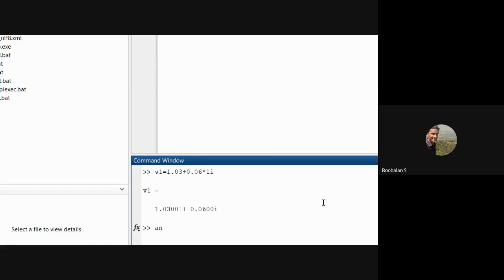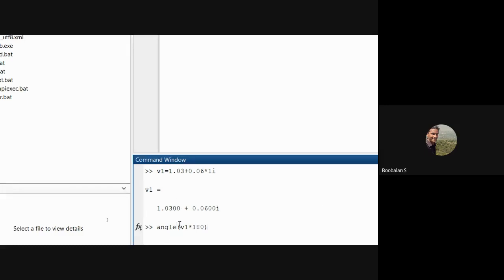Angle calculation: angle of V1, but it should be in the form of degrees. Radian to degree is very easy: 180 divided by pi, that is 3.14, right?